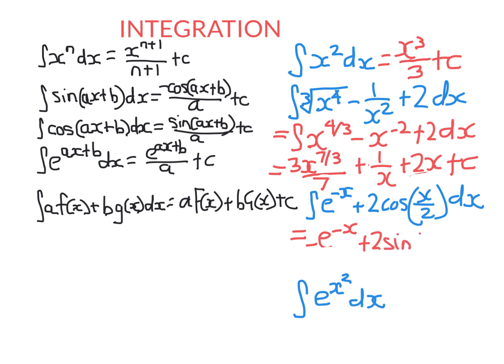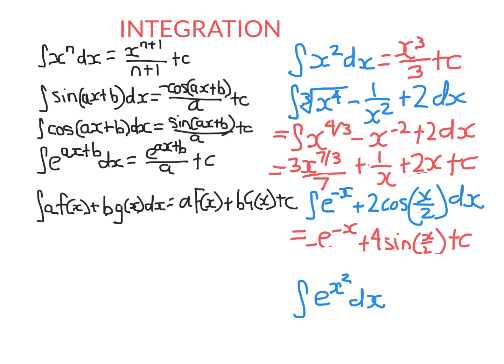Now you keep the argument, what's in the bracket, the same, but we need to divide by a, which we decided was half. So once again, I'm going to simplify that. 2 divided by a half is 4, so this becomes plus 4 sine of x on 2, and I have to add the c. So once again, if you are integrating many terms, just integrate term by term.